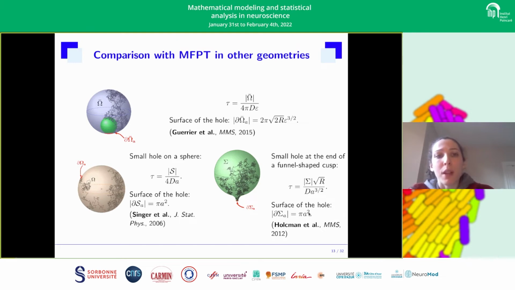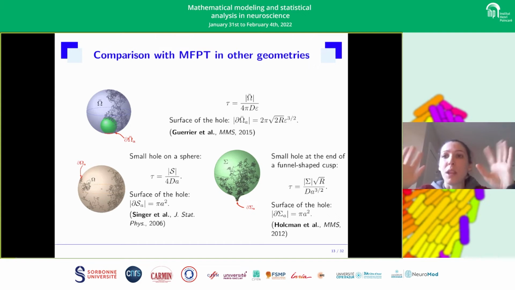So what if we put everything together here? What we get is that the mean first passage time to a small hole at the first order is constant. Actually, what has been shown is more than that. It's that the law of arrival is exponential at the first order. So what it means is that this mean first passage time is integrating the effect of the geometry in the rate, and you can then consider using this rate that the arrival of your particle is a Poisson process.